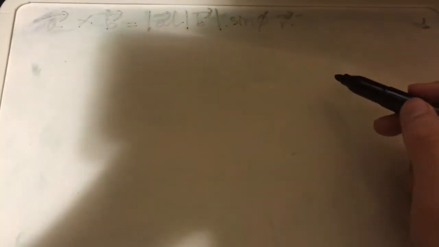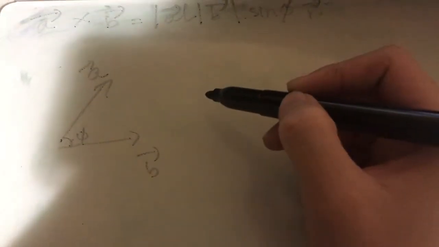So let's just visualize to make it make more sense. Okay, so I have vector A in here, vector B in here, and the angle.